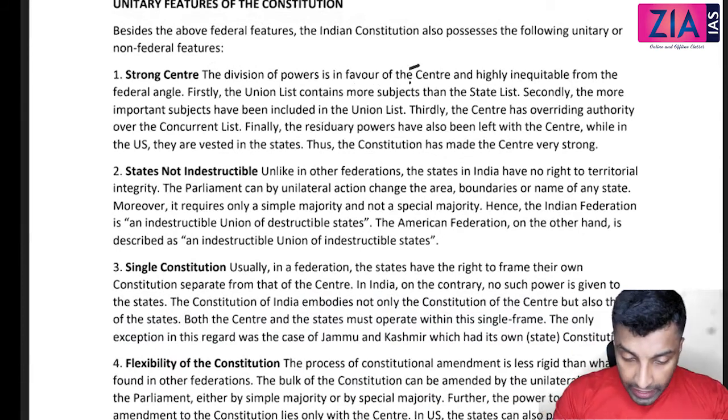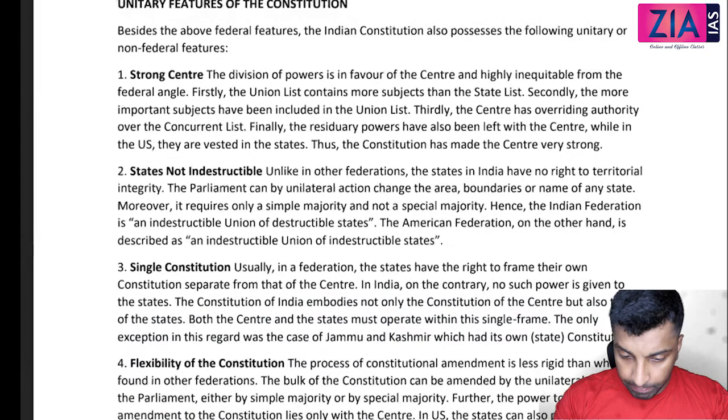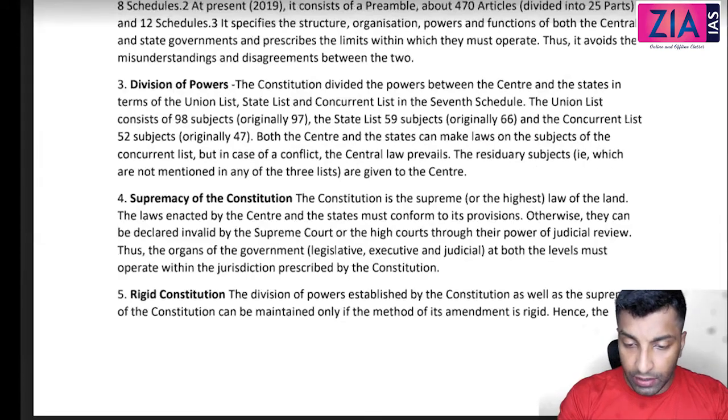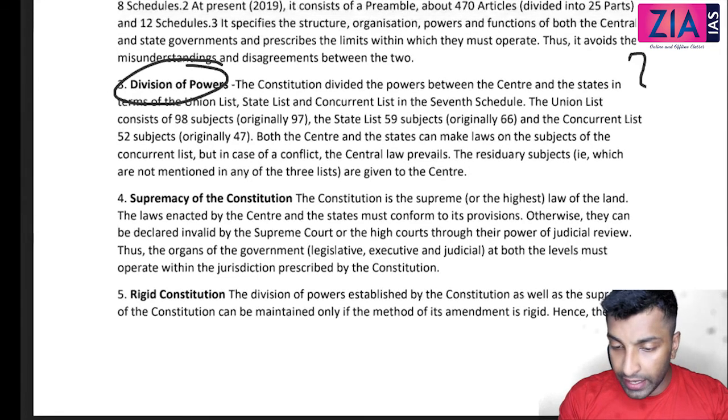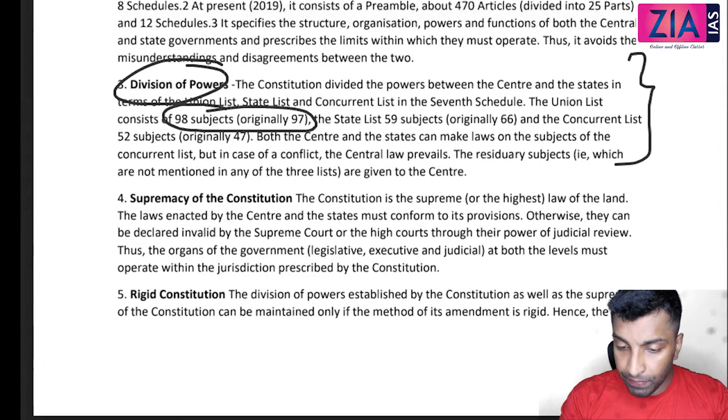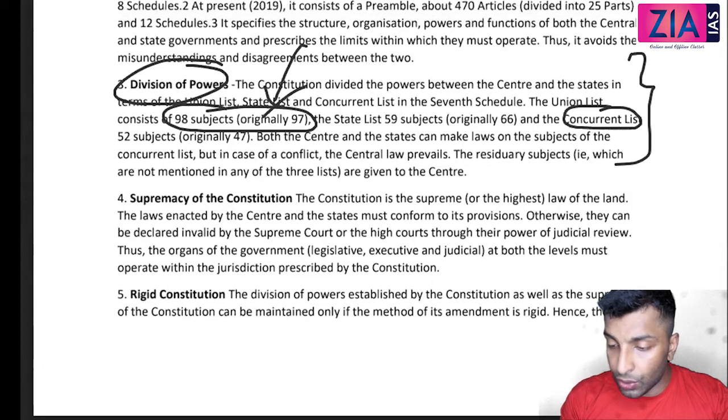This one I have already explained. This point, division of power, this 3 list I have already explained, right? So the union have more subjects. Okay, secondly, most important subjects. Thirdly, concurrent list, also the center enjoys the power.